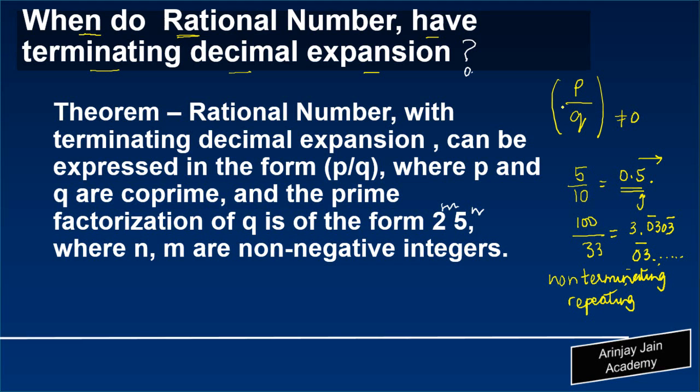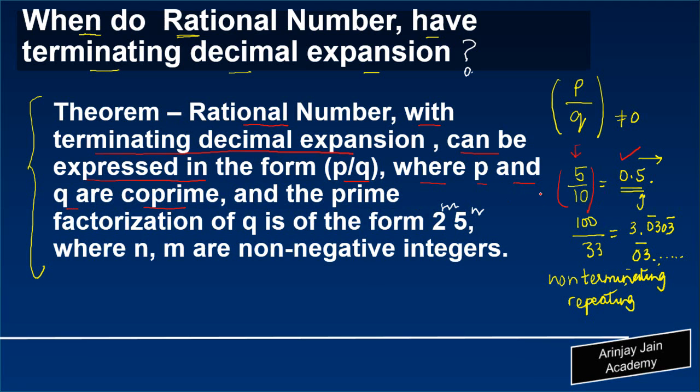And that brings us to this theorem that we have over here. What this theorem says is that a rational number with a terminating decimal expansion, which is something like what we had over here, can be expressed in the form p upon q, where p and q are co-prime. So what that means is, if I look at this particular thing, are 5 and 10 co-prime?